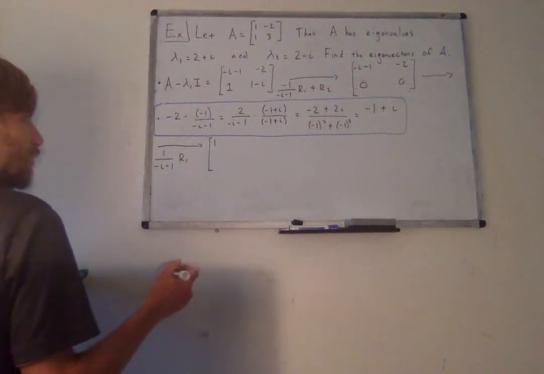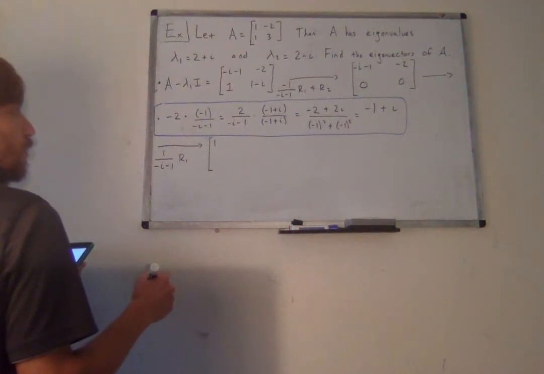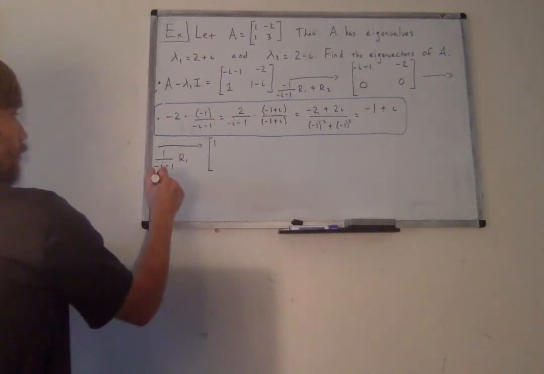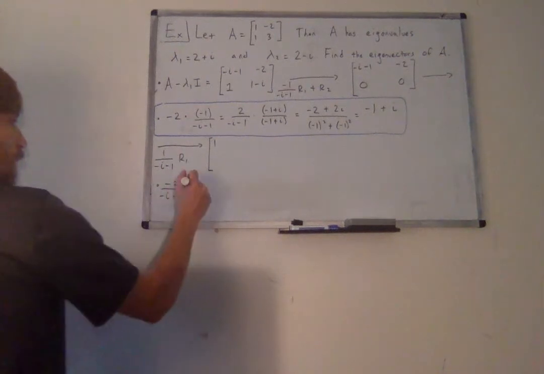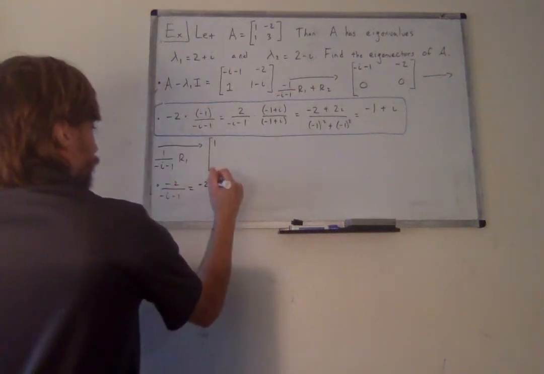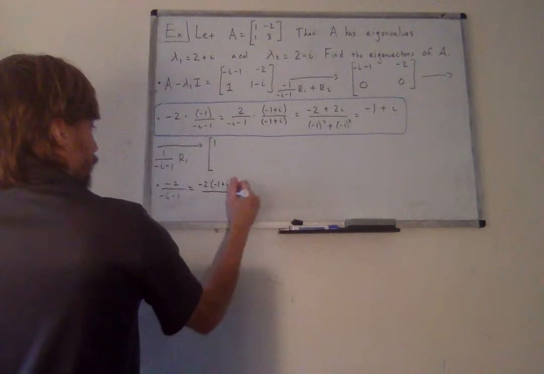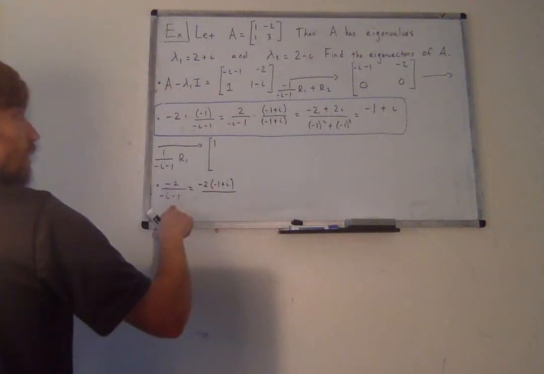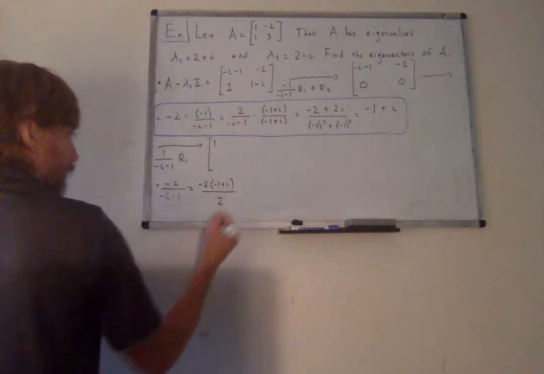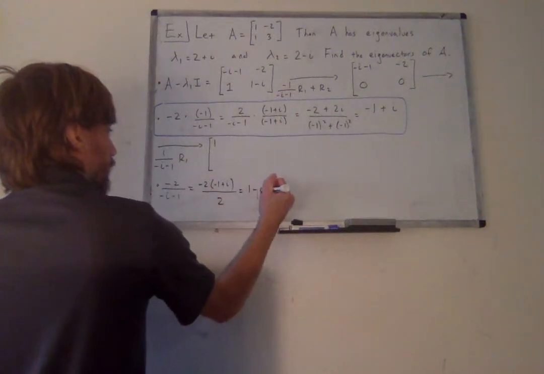Then I'm going to do something kind of similar: negative 2 divided by negative i minus 1. This is equal to negative 2 times negative 1 plus i over the conjugate, which we've already calculated to be 2. And so you could calculate that this is just equal to 1 minus i.